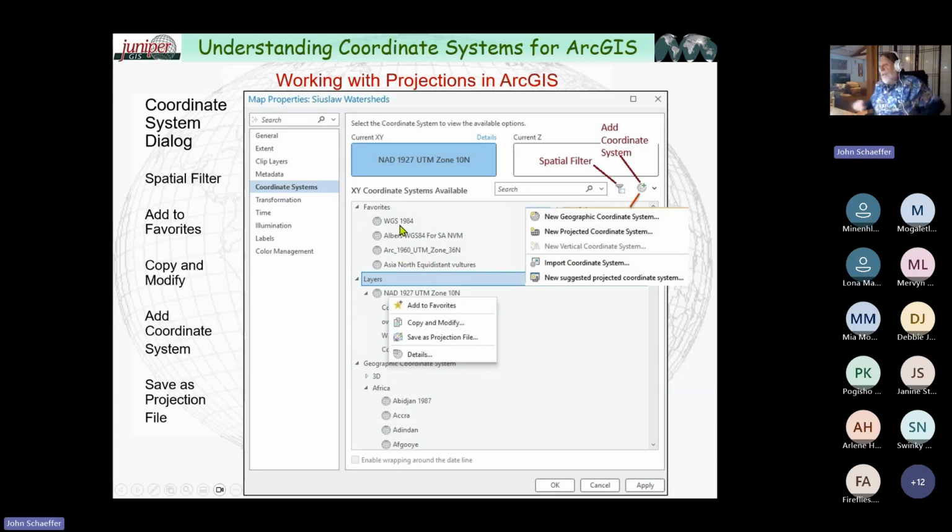So this is really handy because then you don't have to keep switching and looking for your coordinate systems. You can also copy and modify, which I will show you how to do. You can save as a projection file. So if you've made a custom projection, I'm going to show you how to do that, you can save it as a .prj that is easy to share with other people.